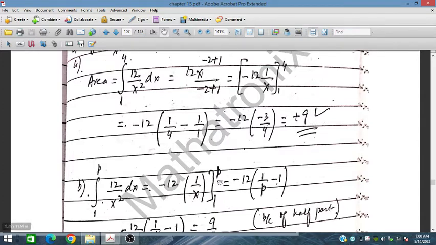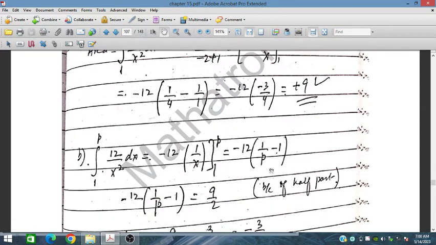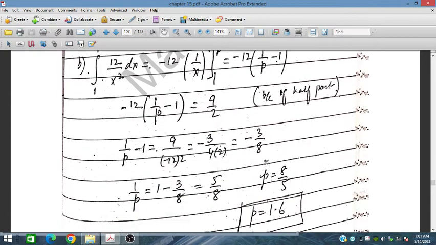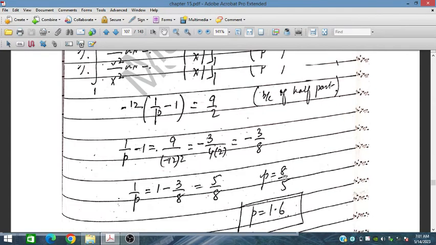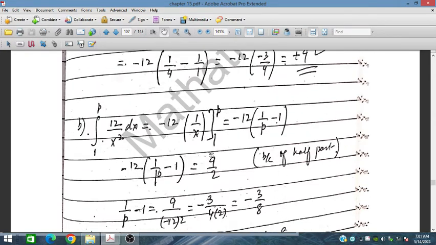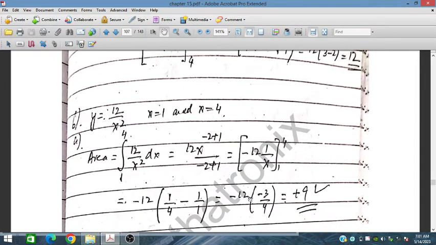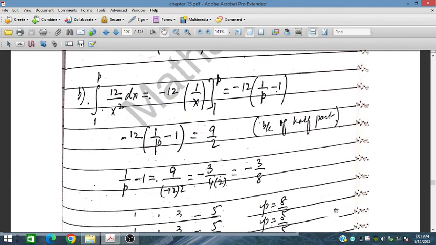So we'll take these limits and we have obtained this, and this region is half of the total, so we'll take 9 upon 2 because of half parts. After that we solve for the value of p, and we have obtained p as 8 upon 5, which is 1.6. So this is very, very important from the examination point of view. So this question number 6 is important.